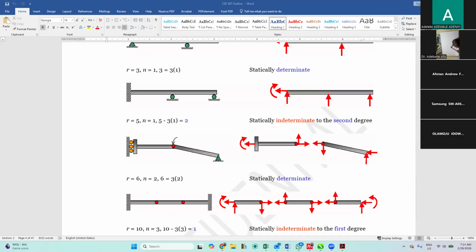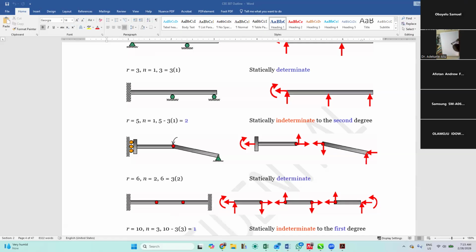Can you see the other camera? The other camera is not showing. Can you see it? The camera is not showing, sir. The second one, I'm using two accounts there. I can see one, but the other one is not showing anything. I'm seeing it here now.